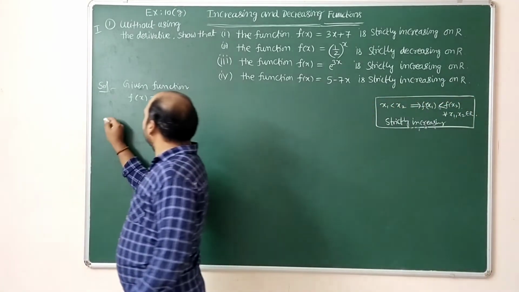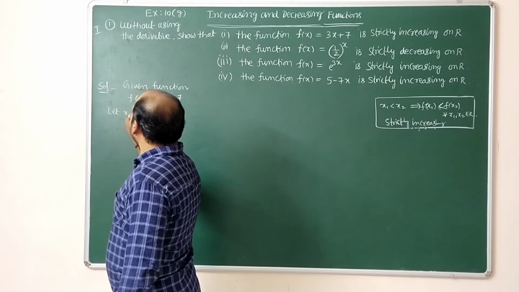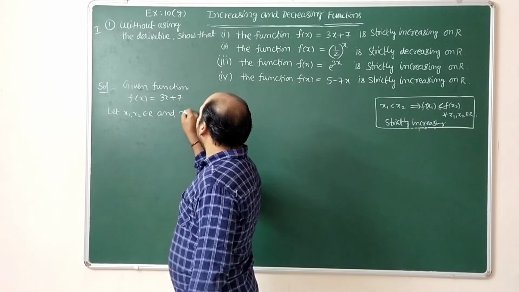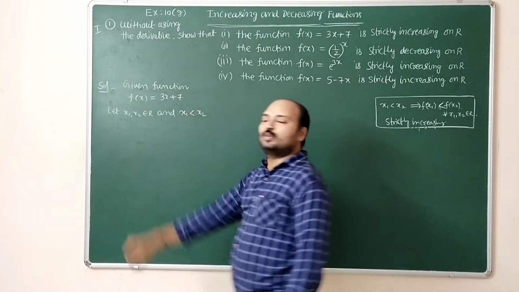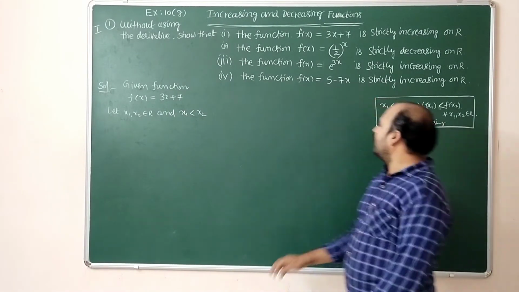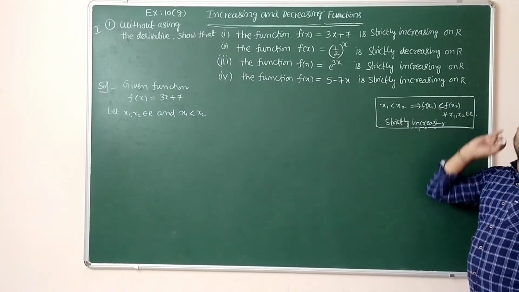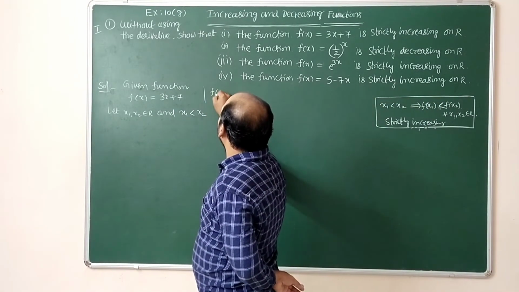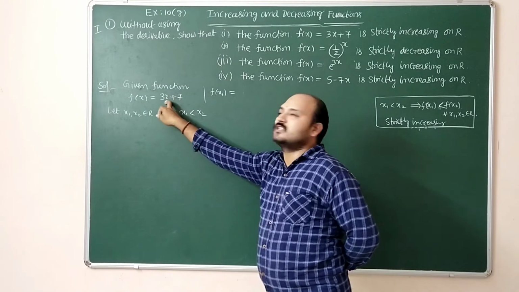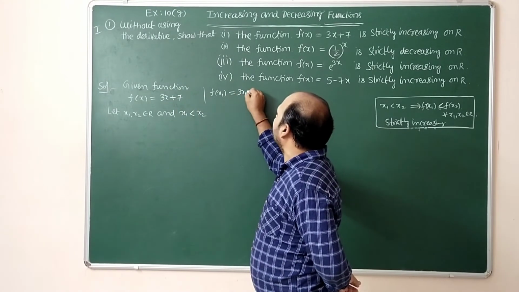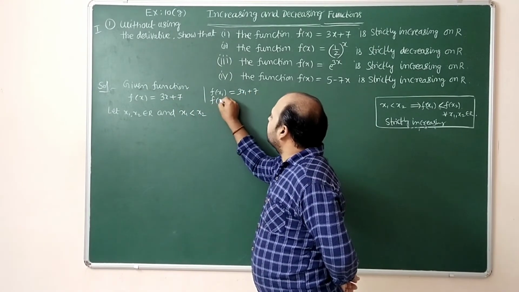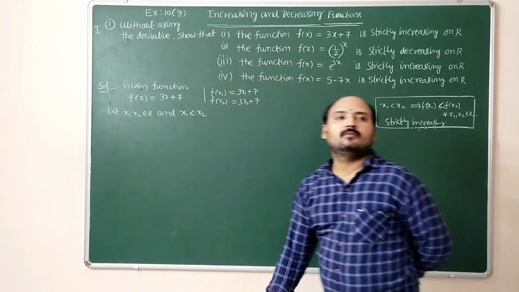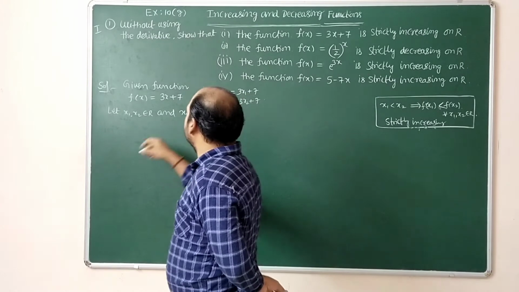Now consider, let x1, x2 belong to R and x1 is less than x2. To prove this result, we need to calculate f of x1 and f of x2. So f of x1 is equal to, wherever x is there, replace x1: 3x1 plus 7. f of x2 equals 3x2 plus 7. Now consider x1 is less than x2.